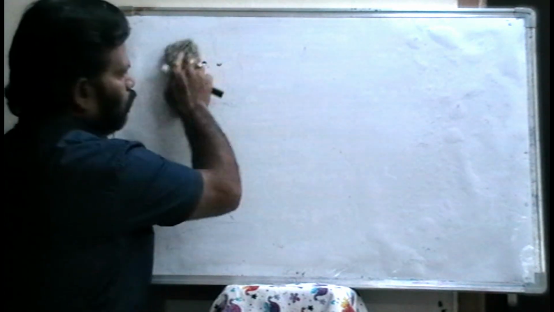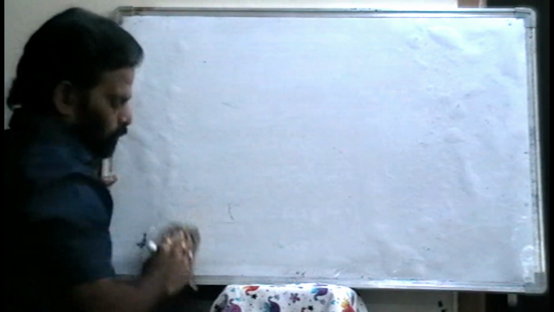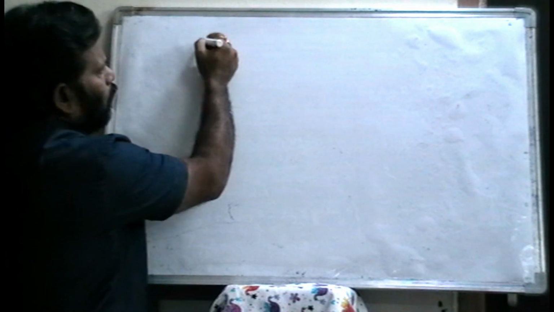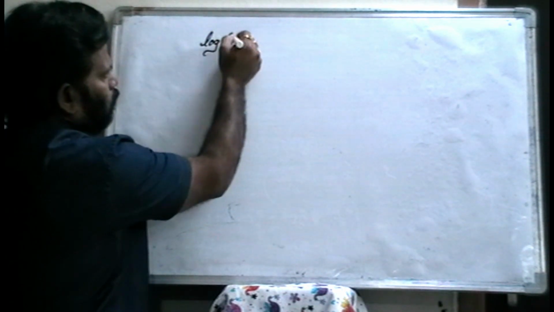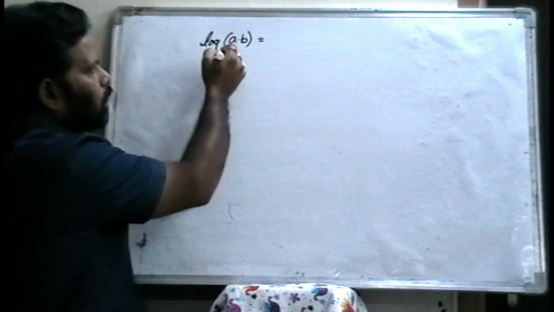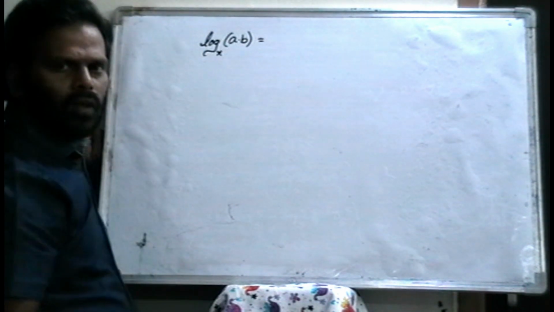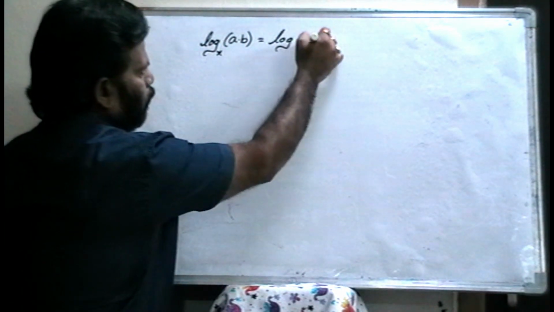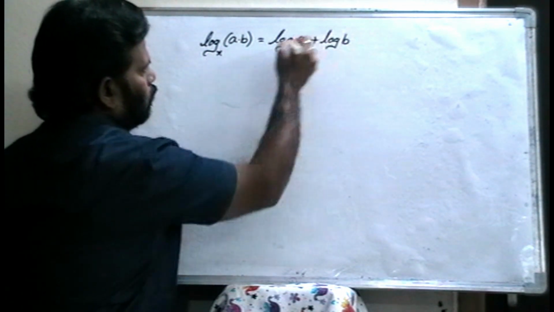Based on these formulas, in logarithms also there are some formulas. The first one, log AB. Log AB means log A into B to the common base. Log AB is equal to log A plus log B to the same base.